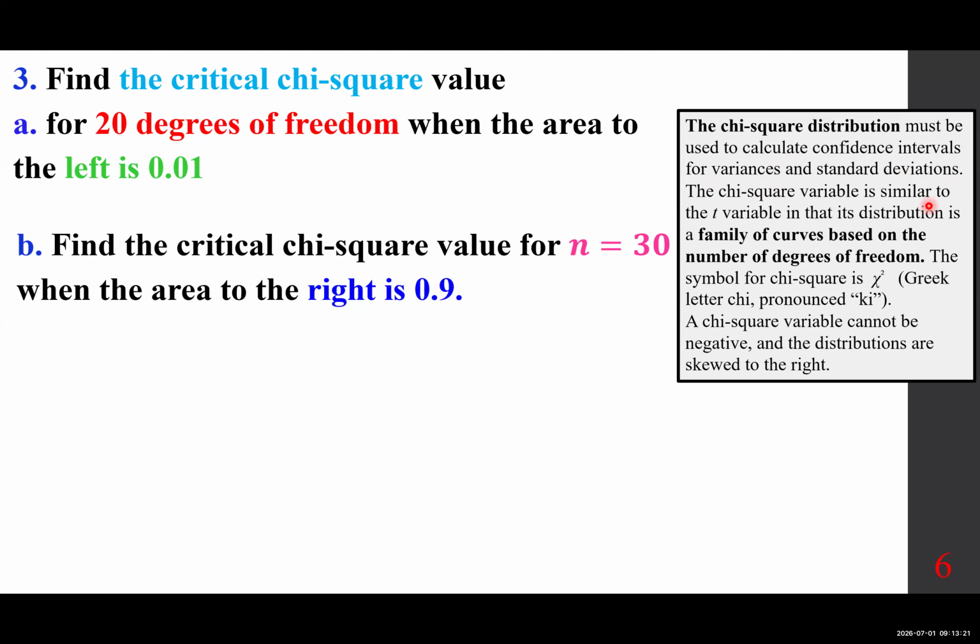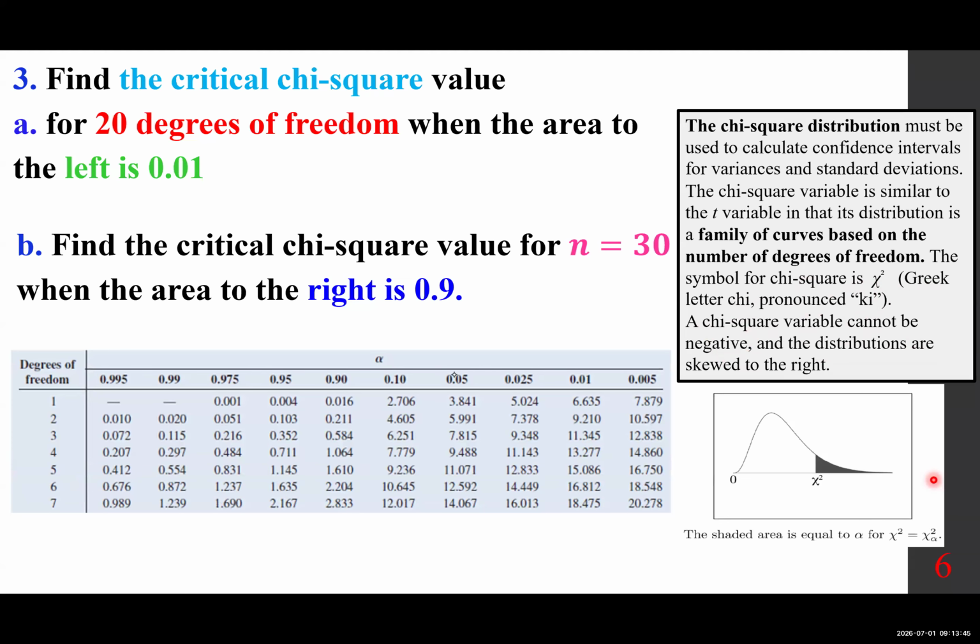The chi-square variable is similar to the t variable in that its distribution is a family of curves based on the number of degrees of freedom. The symbol of chi-squared is a Greek letter chi, pronounced chi. A chi-square variable cannot be negative, and the distributions are skewed to the right. Skewed to the right. That's the shape.